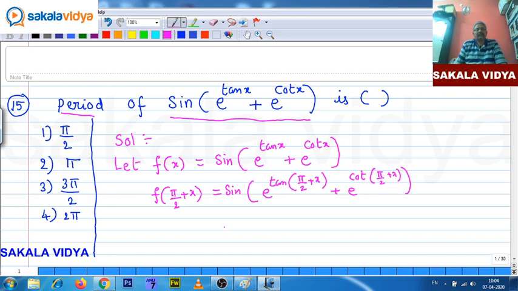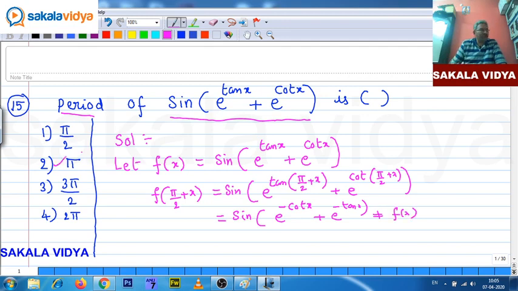So, that means the sine of e power tan of pi by 2 plus x is minus cot x plus this will be e power minus tan x. So, this does not equal to f of x. So, it is not the period.